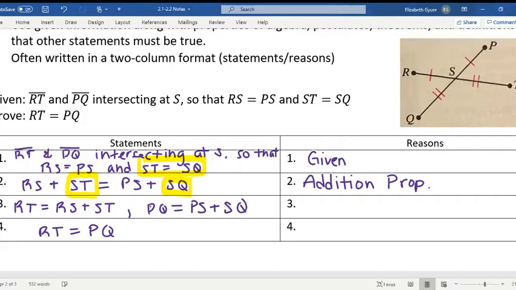Now think back to our properties that we've learned. Is there a property out there, or a postulate or a definition or a theorem, that lets us take smaller parts of a segment and add it up to the whole? Absolutely. That is the segment addition postulate.